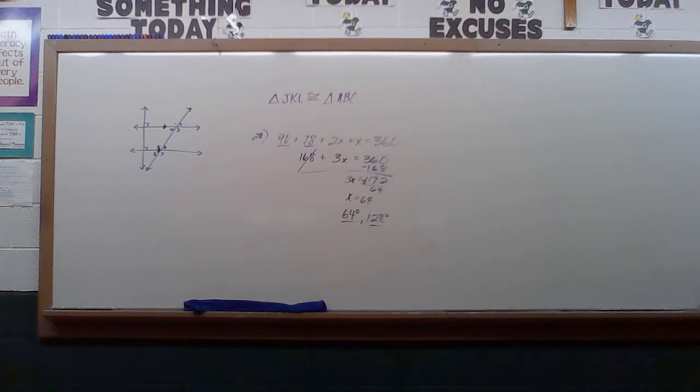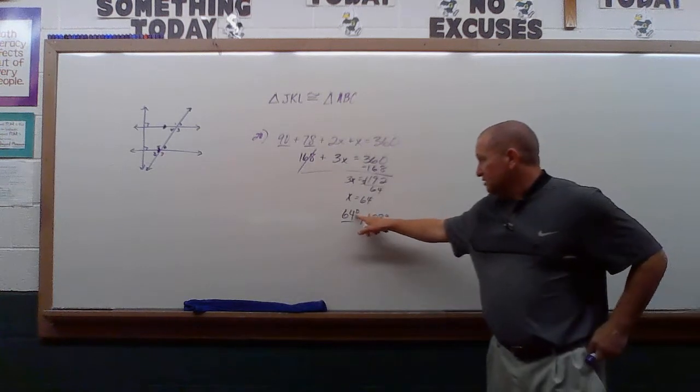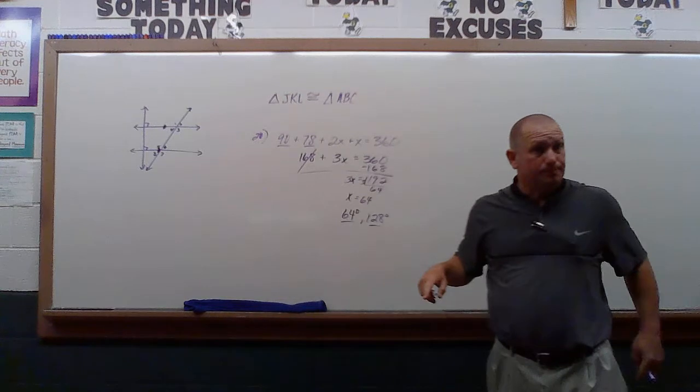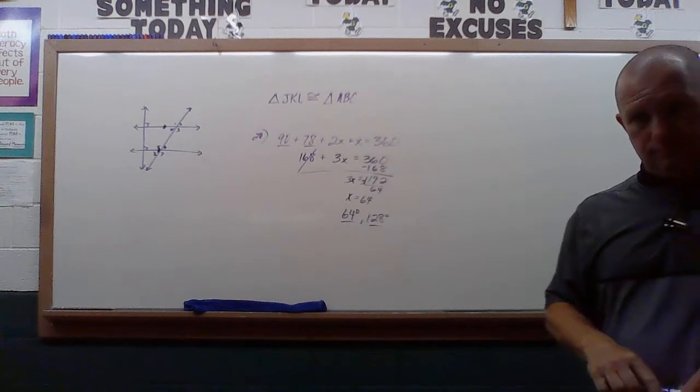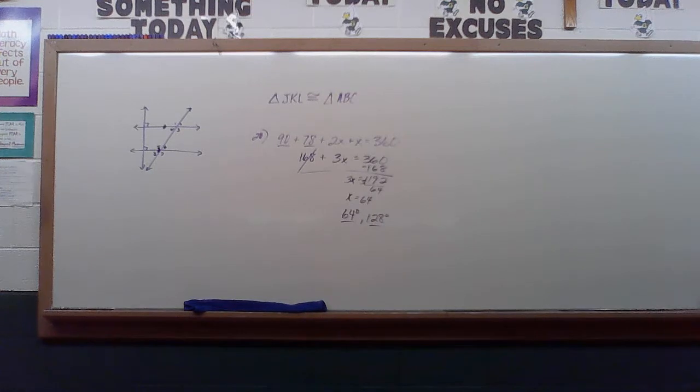A lot of the time, like in number 19, when they ask what is x and what is the angle, they are the exact same thing. So realistically, you don't have to say both answers, but don't forget your little degree symbol whenever we're talking about angles. So number 21, those two bottom angles would be the same thing.